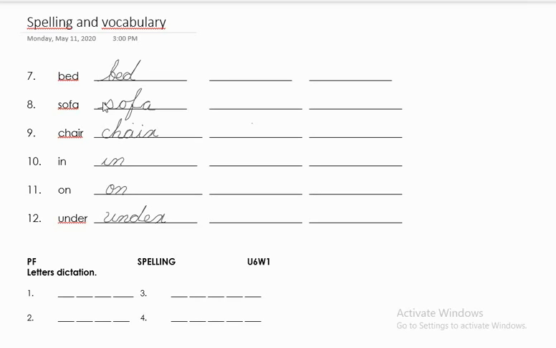Okay. Again, I'm going to write bed. Next, we write sofa. Okay. The next word is chair. Okay. Don't forget that you have to write your date. Okay.